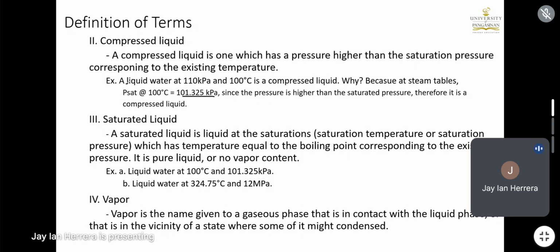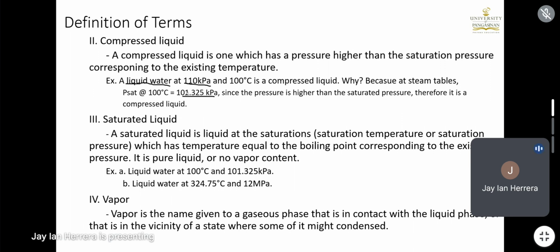But since this is still liquid water and then yung kanyang pressure is 110 kPa, so higher than 101.325 kasi, that is a compressed liquid.